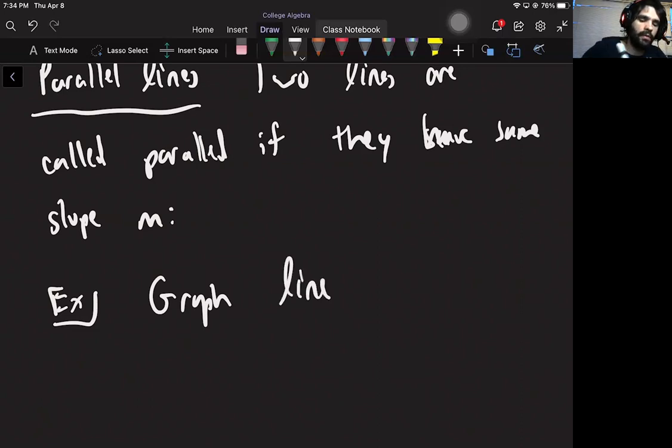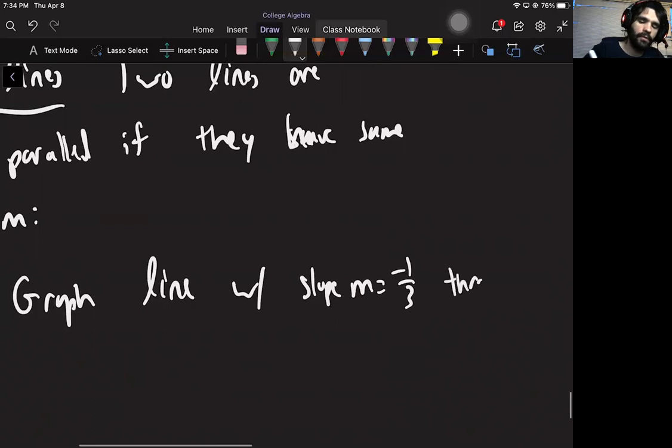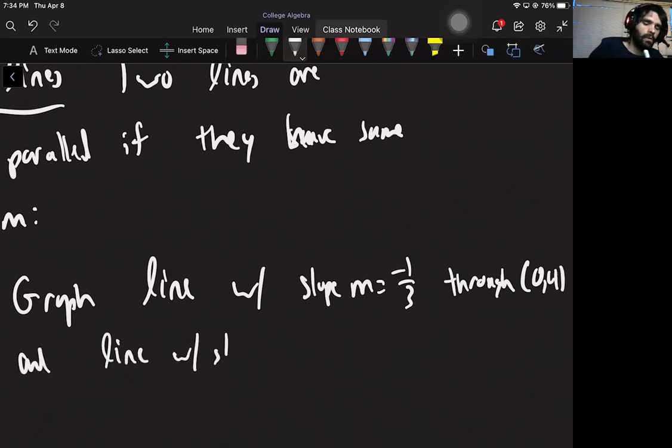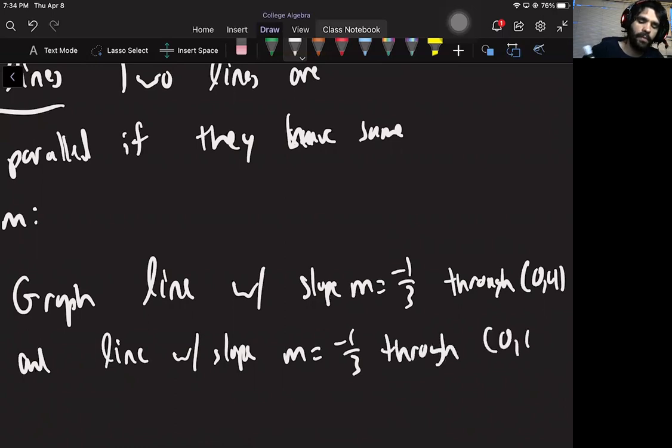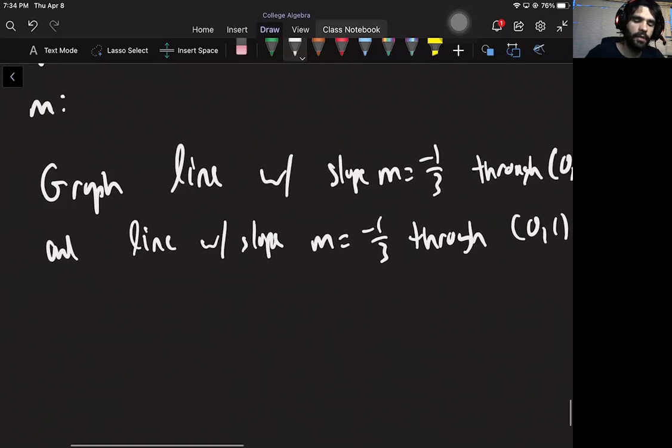So let's graph the line with slope m equals -1/3. That goes through 0, 4. And the line with slope -1/3 also through a different point now, 0, 1. And we'll see that they are parallel and that they never touch.